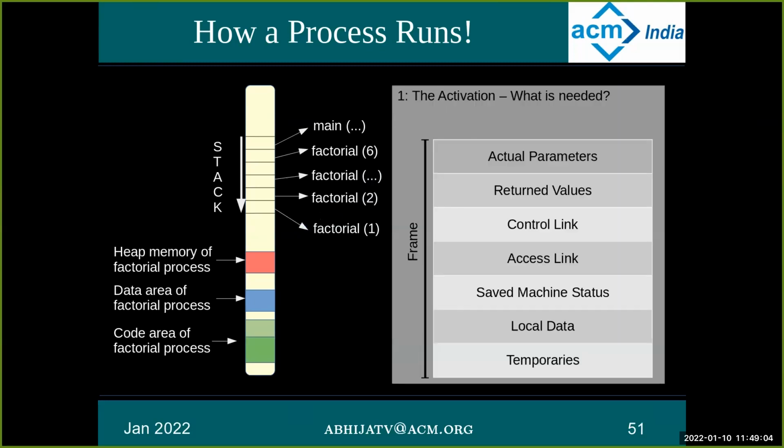Let's see that side of the story. The activation is required to support the idea of a function call in a language like C. So in my C program, I had a main function that called another function called factorial.